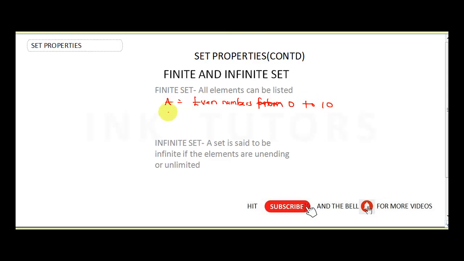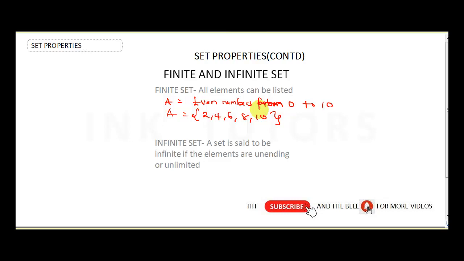So you know that A is going to be 2, 4, 6, 8, and 10. These are the even numbers that can be found, so you can see that this is a finite set. We can list all the elements. For instance, if we say A could be all the prime numbers that are less than 100, yes, we can count all the prime numbers that are less than 100.